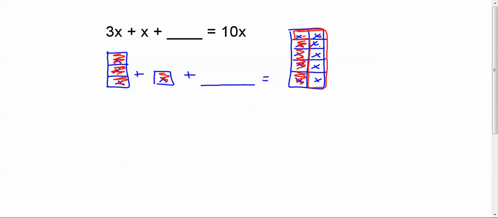We need 1, 2, 3, 4, 5, 6, because we know we need 6 x's. 3x plus x, we have 4 x's, plus another set of x's is going to give us 10 x's altogether. So it'd have to be 6x, okay? Let's move on.